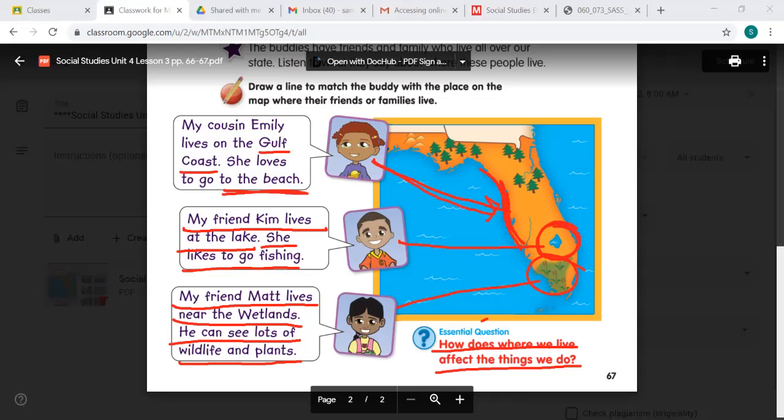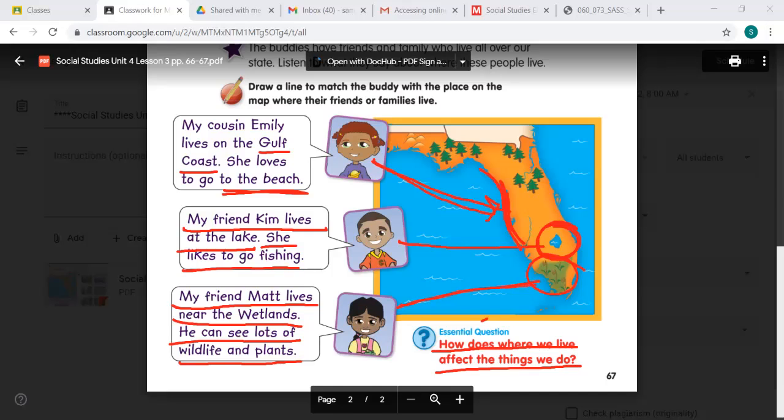It's not far. She can go fishing. And then our last buddy said their friend Matt lives at the wetlands and he can see lots of animals, wildlife, and plants. So depending on where you live and what's around you helps to determine what you can do.